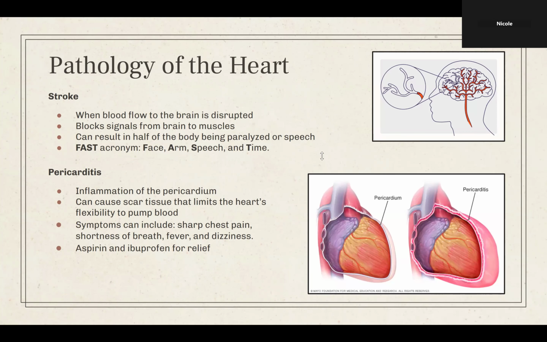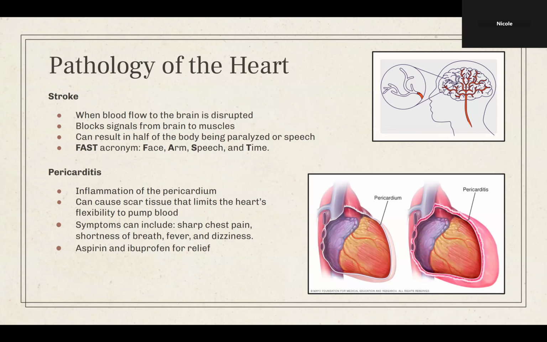And then next we have a stroke. So some of you may know that a stroke occurs when half of the body becomes paralyzed. It's unable to function. This is due to the blood flow to part of the brain having an inadequate supply of blood. This usually happens when the arteries leading up to the brain rupture or there's a blockage, so blood isn't able to get to that part of the brain.